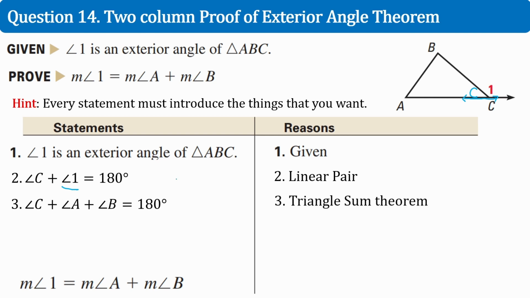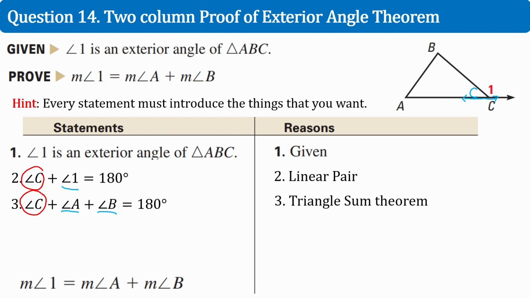Notice this is useful because we introduced angle A and we introduced angle B. That's good. We somehow have to get rid now of this angle C. And we know from our proofing strategy that for things to go away, angle C has to somehow cancel out with the other angle C.